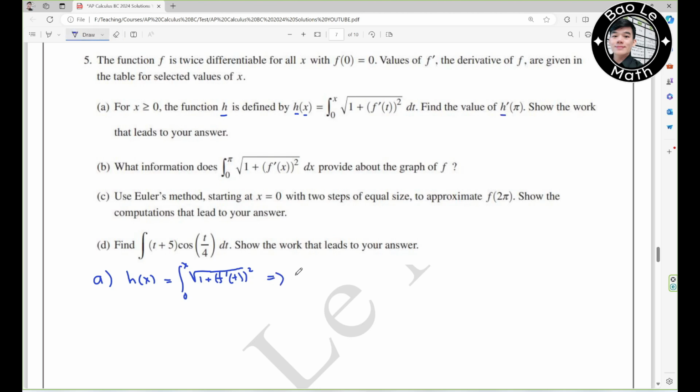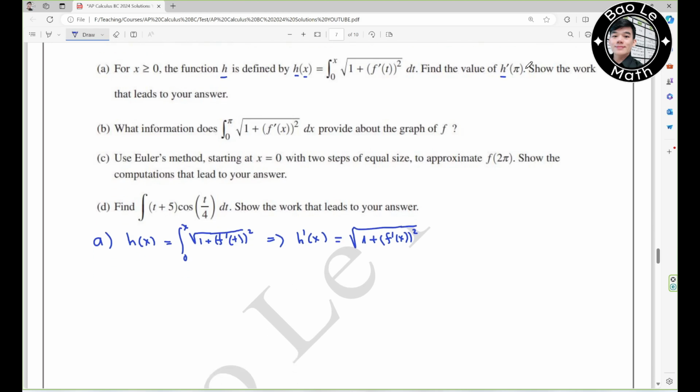Take the derivative of both sides, so it turns out to be h prime of s equals square root of 1 plus f prime of s squared. Now we need to calculate h prime of pi, so we just substitute pi. It's going to be square root of 1 plus f prime of pi squared.